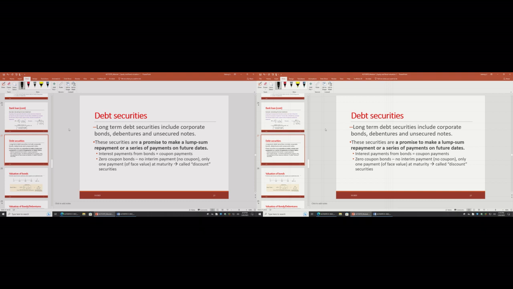The corporate bond is not like the short-term bond that gives you one single lump sum cash flow in the future. The corporate bond also makes periodical cash flows to the investors, and that's what we call the coupon payments.